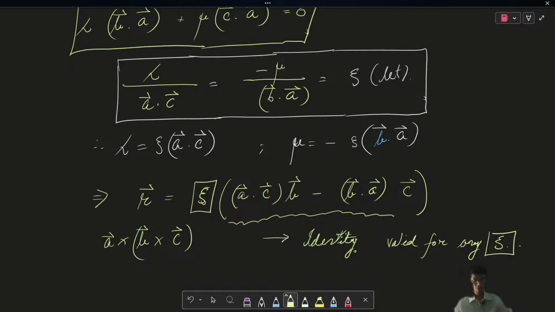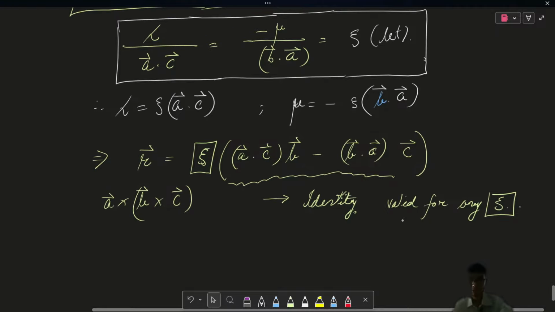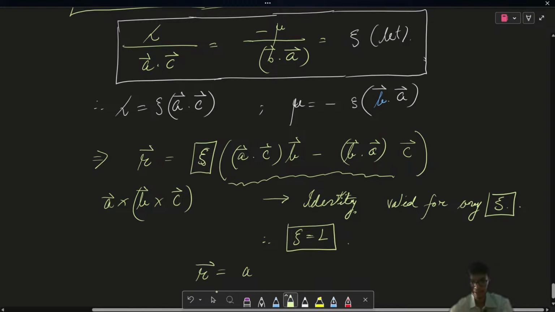Since it is an identity, it will definitely be valid for any value of zeta. Therefore I can easily put zeta to be 1.